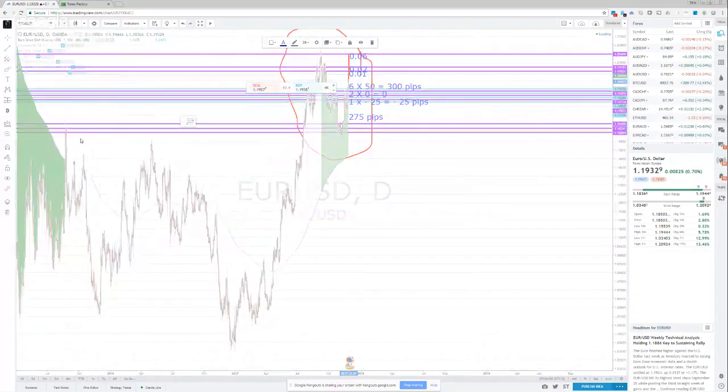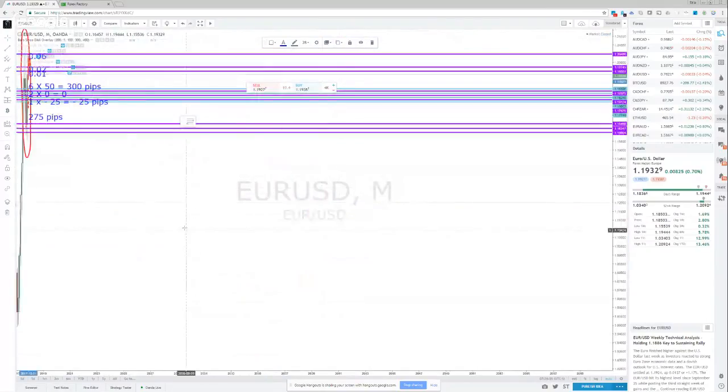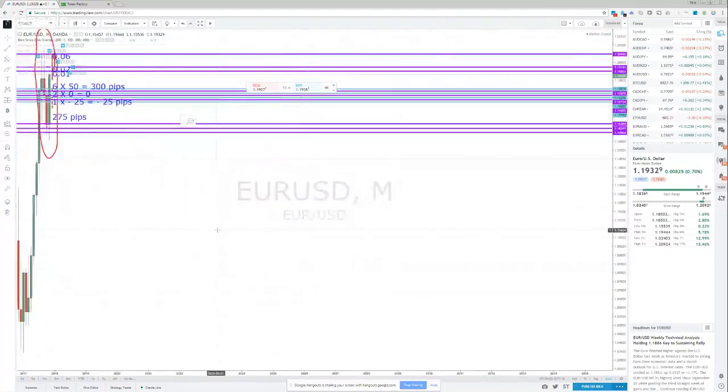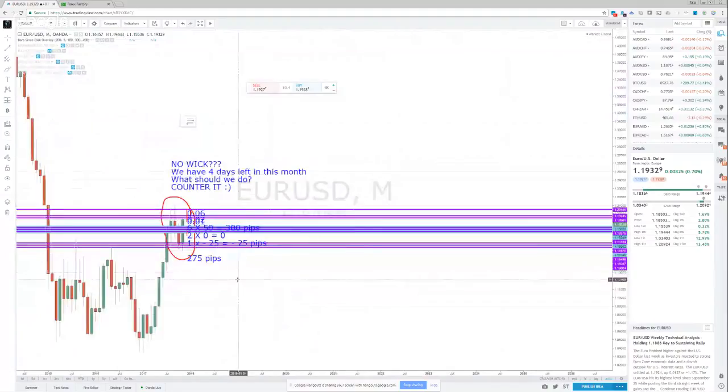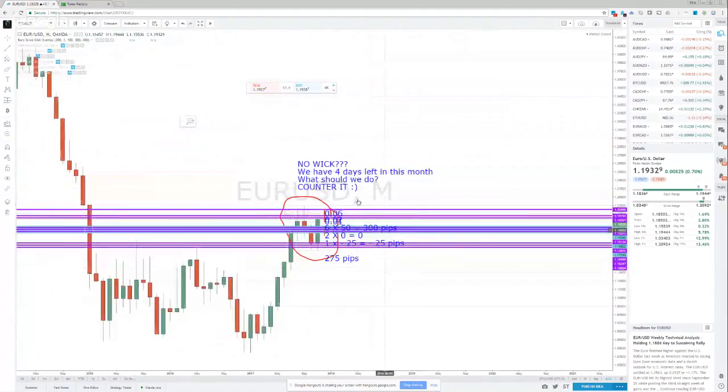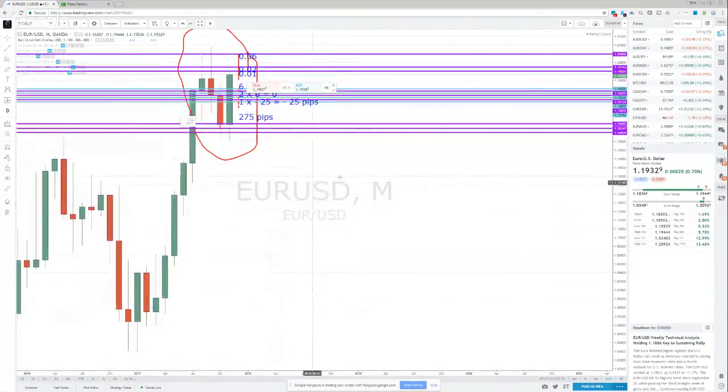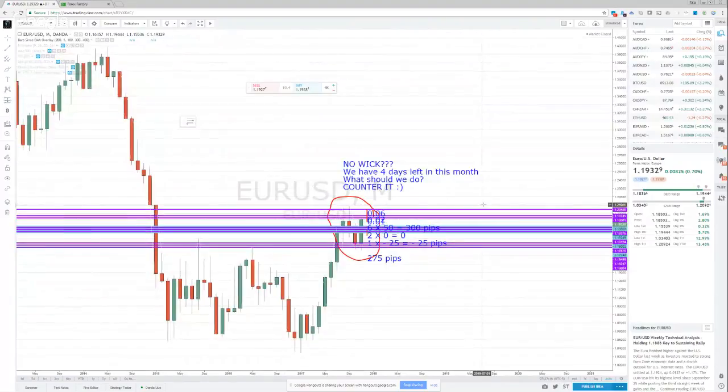Look at this, 1 month. This is my note. I said it: if there's no wick, and we have 4 days left, what should we do? Counter it, especially if it goes to 121.